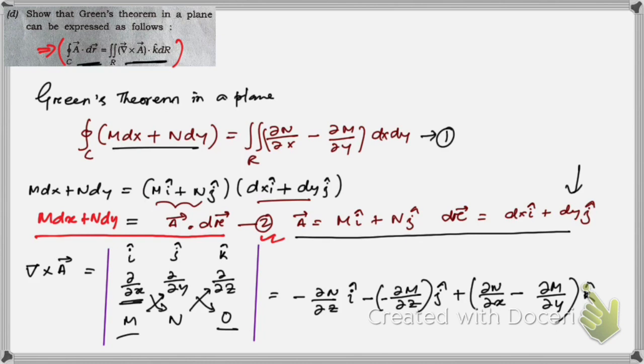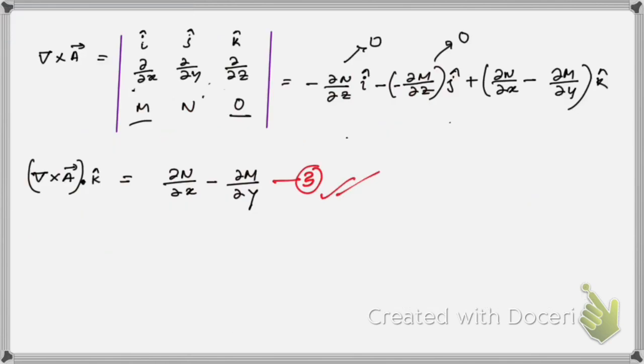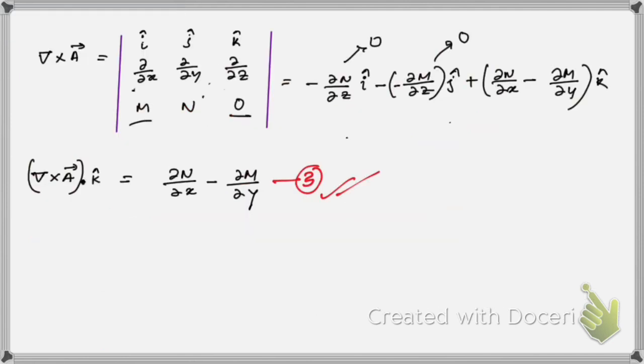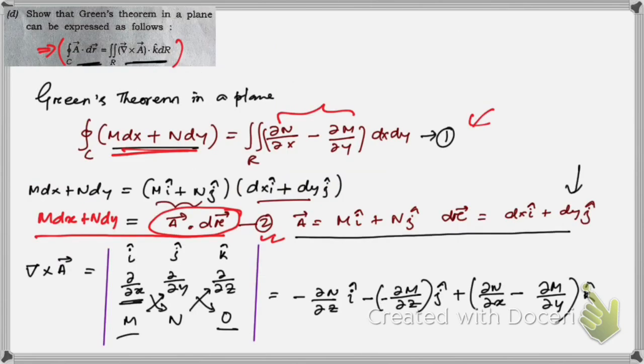Let me use equation number 2 and 3 both in equation number 1. So we can replace this by this result, A dot dr vector, and we can replace this part by curl of vector A dot k cap, and this dx dy is nothing but dR, right?